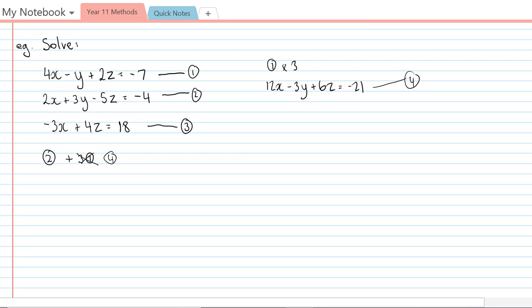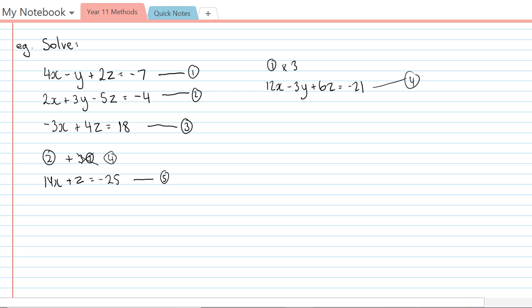When I add those two equations together, 2x plus 12x is 14x. 3y plus negative 3y cancels out. Negative 5z plus 6z is just plus z. And then negative 4 plus negative 21 is negative 25. So I'm going to call that equation 5.